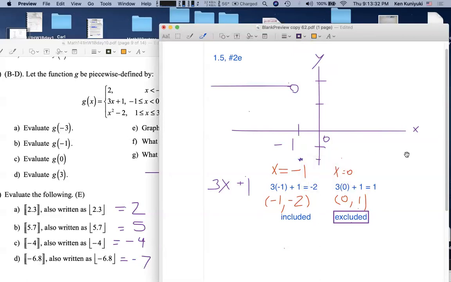And then going up to 0, comma 1, excluded. Slope 3, rise 1, 2, 3. Run is 1. So that should be the piece of the slanted line, y equals 3x plus 1, that you graph as your second piece.